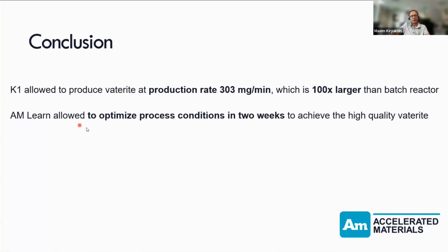And essentially, we are currently studying the properties of this vaterite. We need to confirm that its properties in terms of drug loading and controlled release of drugs are not different from what you can achieve with batch synthesized vaterite. And this is the end of my story.